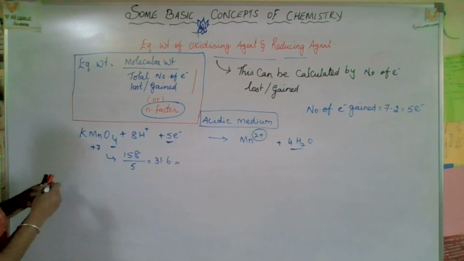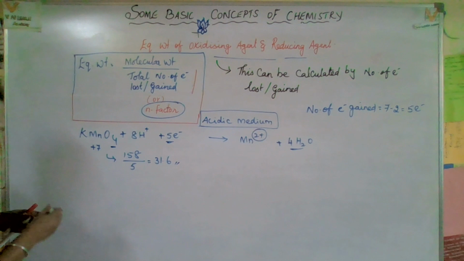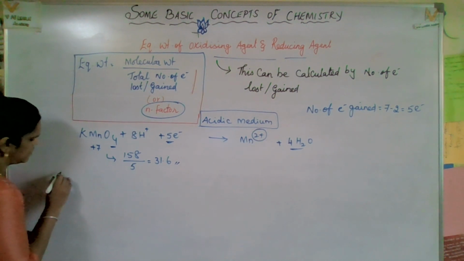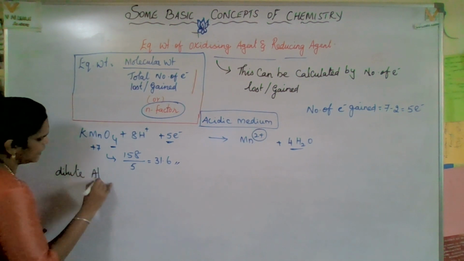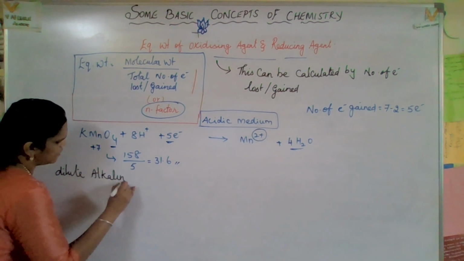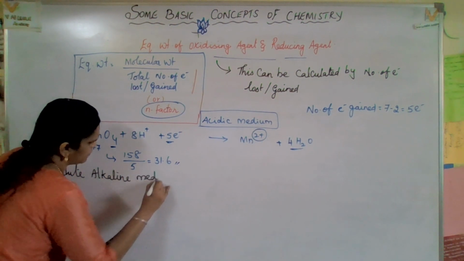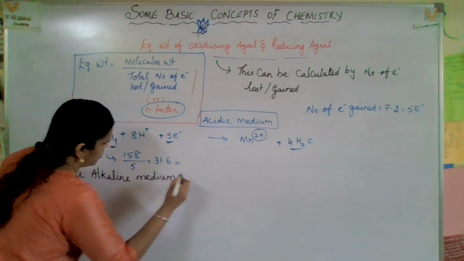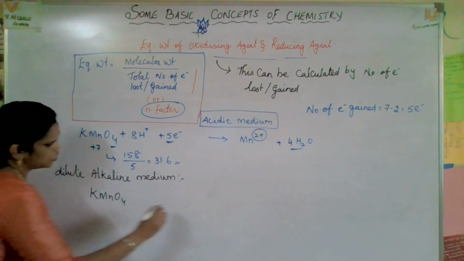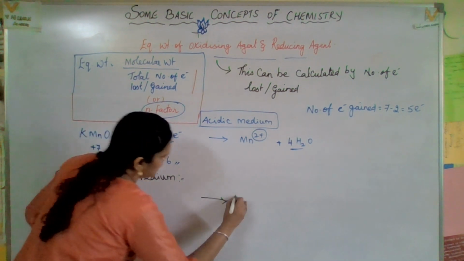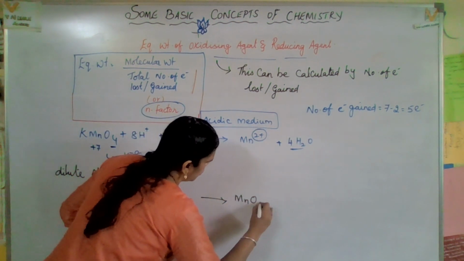Now, dilute alkaline medium. Let us check. Okay, now here also KMnO4, so you will get MnO2.